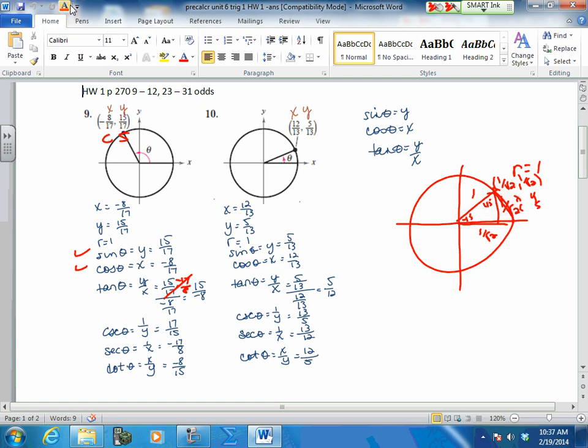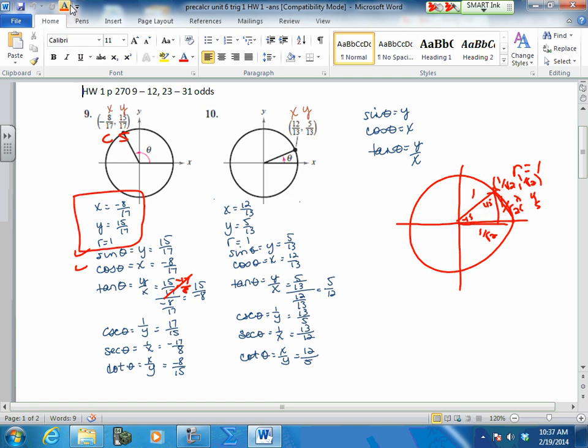On the unit circle, your x is your cosine, your y is your sine, because your radius is 1. Even if you went through and you put this over 1, it still comes out to be itself. If you don't have this, make sure you're understanding this. Now, it doesn't matter what quadrant you're in. And if you remember, I always say, make an information box.